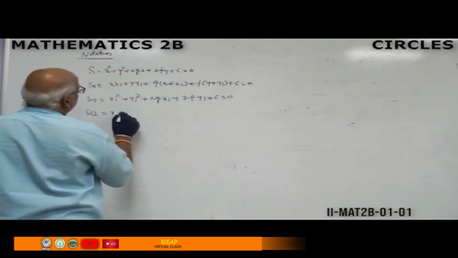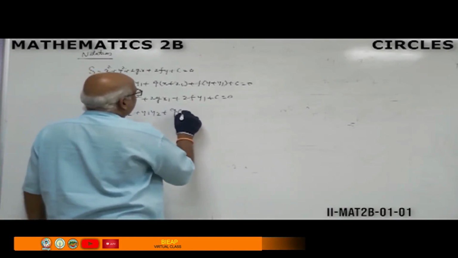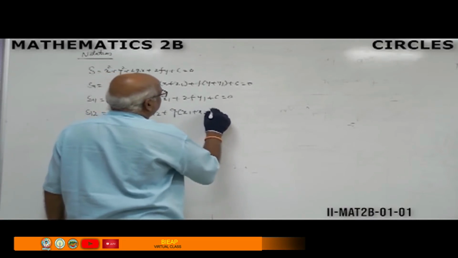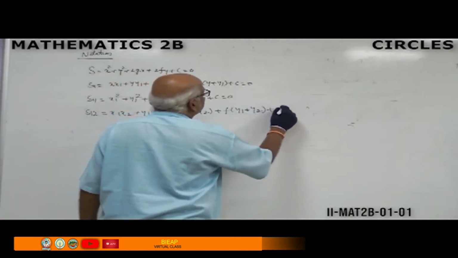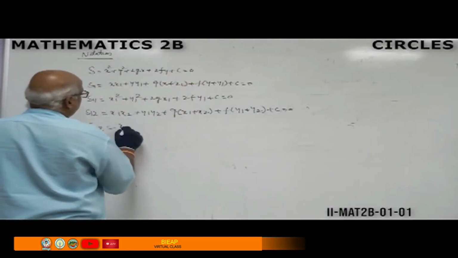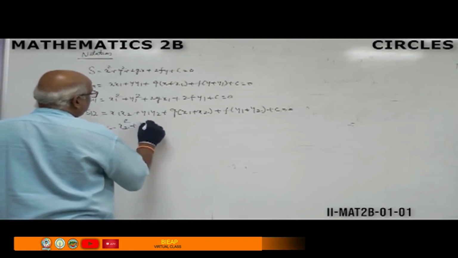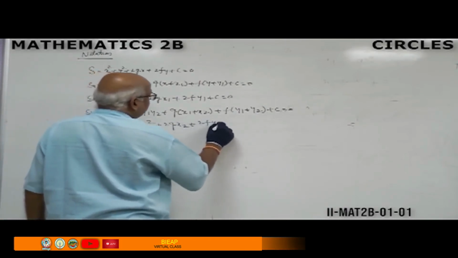S12 is x1 x2 plus y1 y2 plus g into (x1 plus x2) plus f into (y1 plus y2) plus c. S22 is x2 square plus y2 square plus 2gx2 plus 2fy2 plus c.